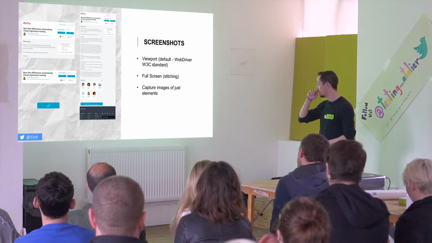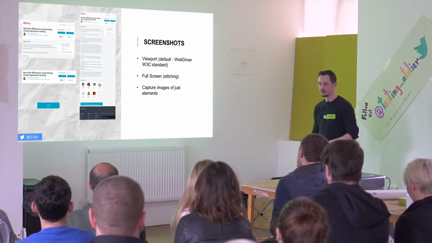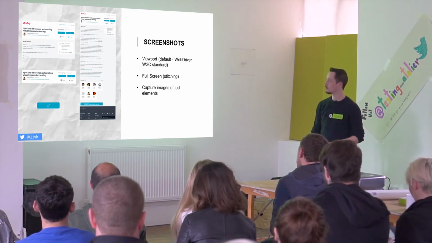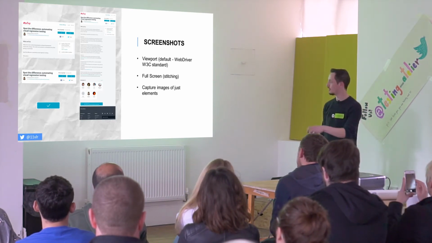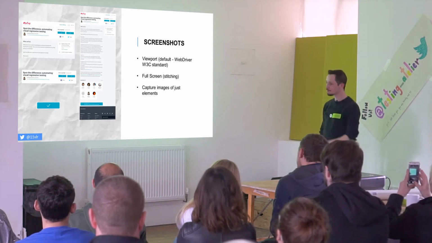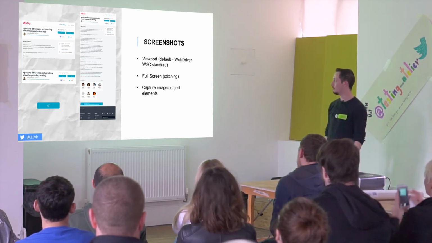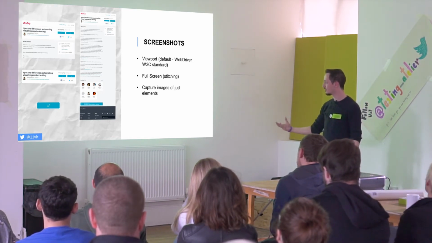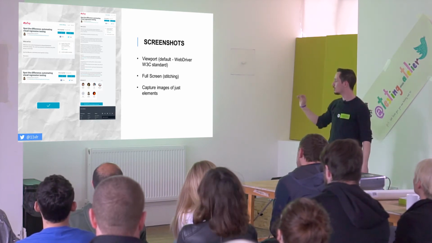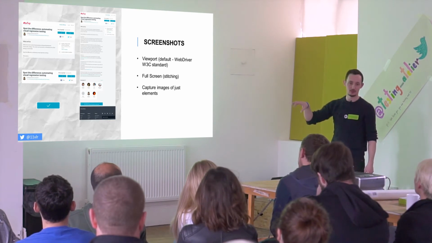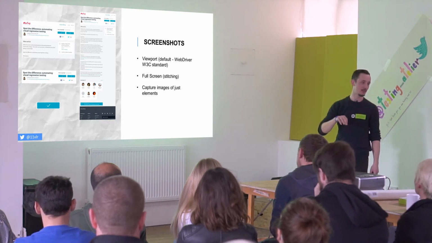Screenshots. By default, when you're taking snapshots with Selenium, it's a W3C standard that you can only take a snapshot of what's in the viewport. But we've enhanced the framework, and I think the others do the same thing, so that you can take full page screenshots. You can also drill down to elements by ID and CSS selector.